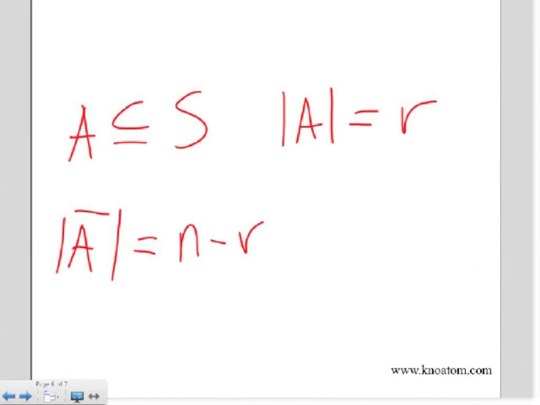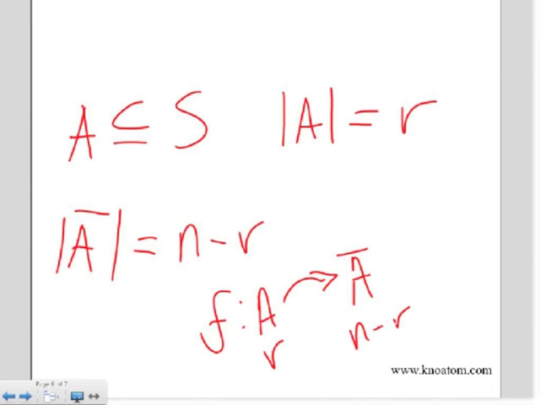And so now we've got a function that maps a subset of S, A, to A complement. And this is a bijection between these two subsets, where A has r elements and A complement has n minus r elements.